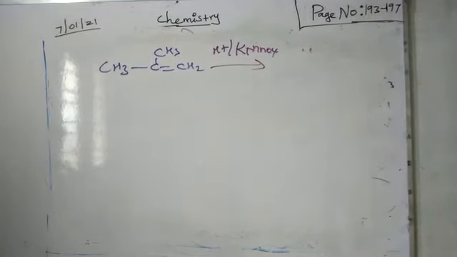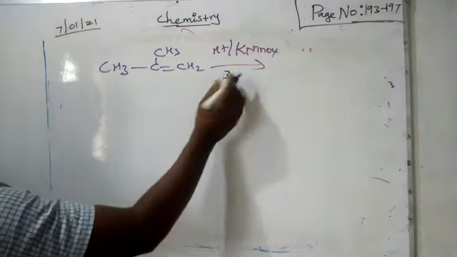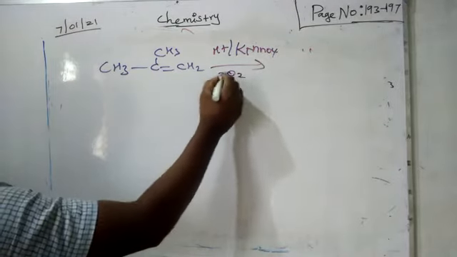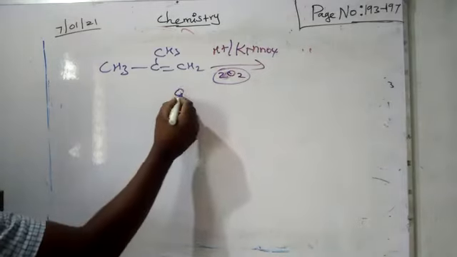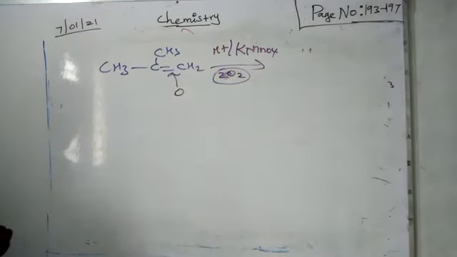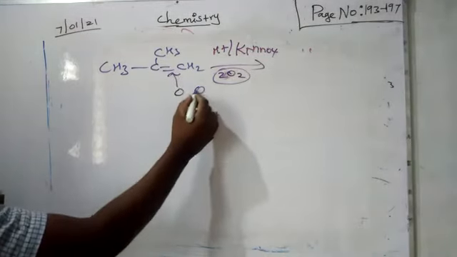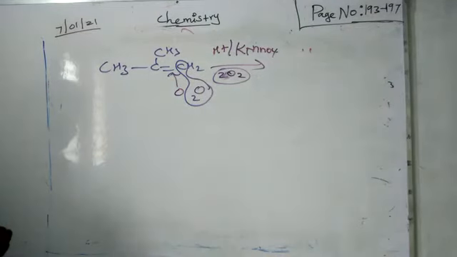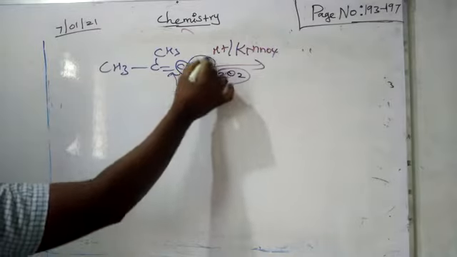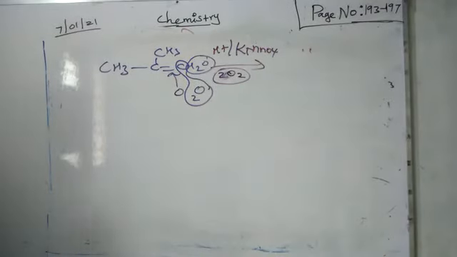This compound will give a ketone compound. How? You just add 3 oxygen, or you can take 2 O2, 4 oxygen. You add 1 oxygen in the place of the carbon double bond. 2 oxygen will combine with the terminal carbon and go as carbon dioxide. The remaining 1 oxygen will combine with hydrogen and go as water.